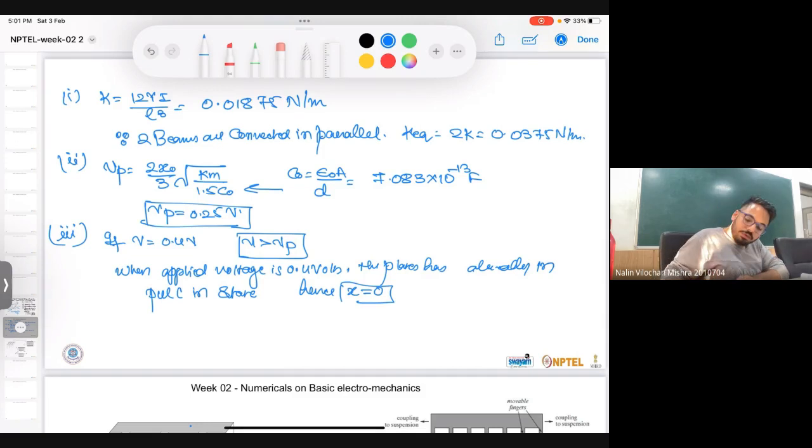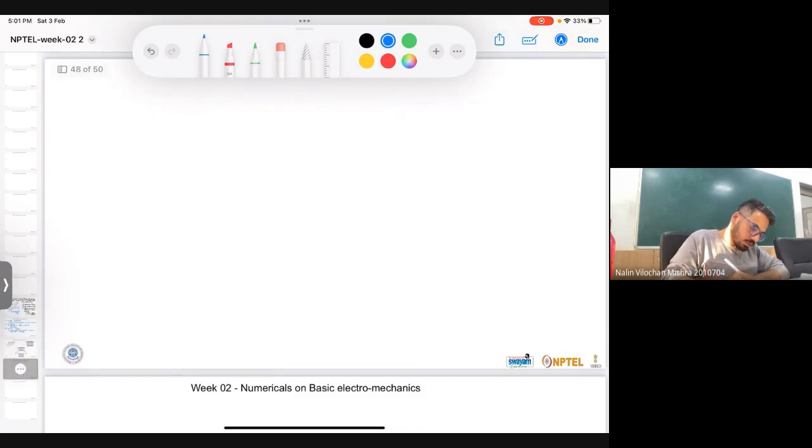Now for the other case, when 0.2 volt is applied.